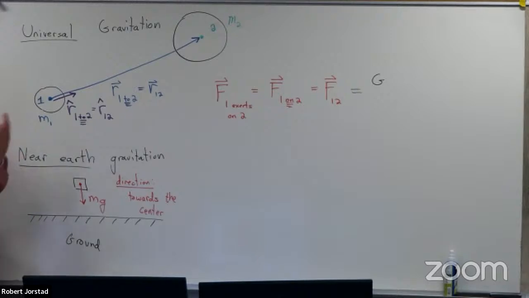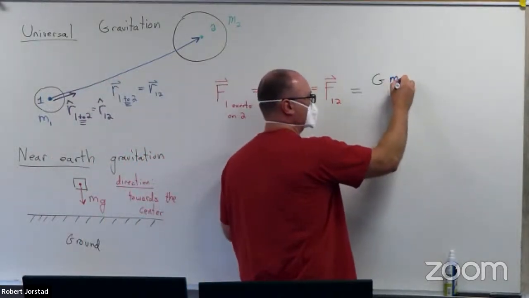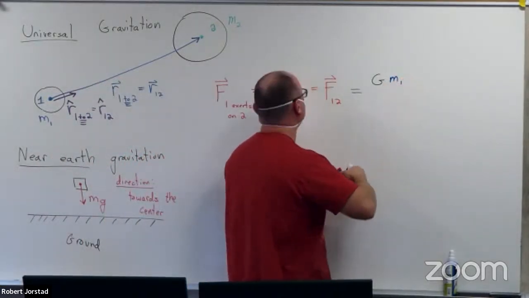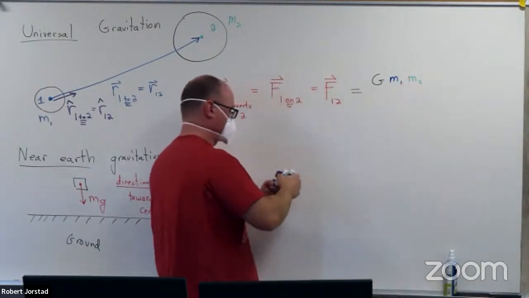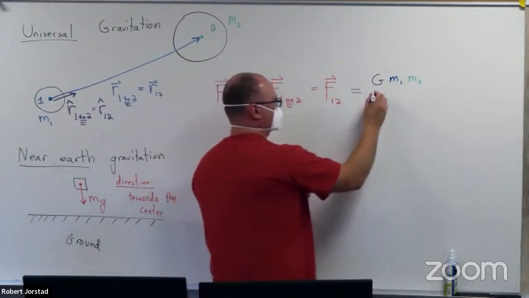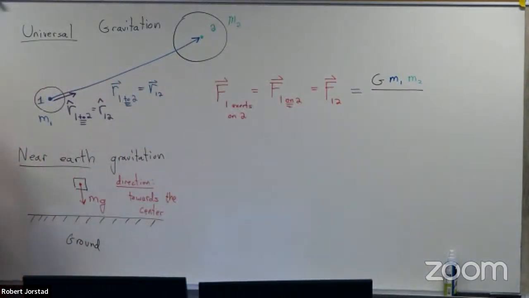The masses and the distances. So let's get that involved. We're going to expect both masses would have an effect, and the distance between them. And it turns out it's proportional to that distance squared.